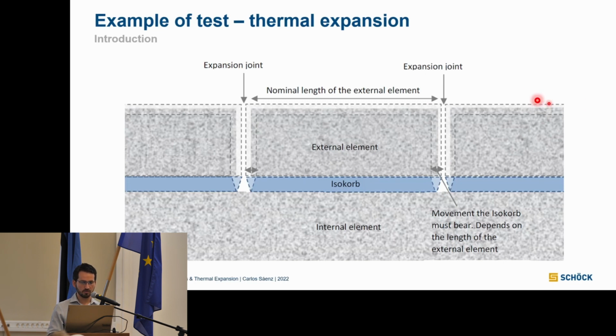I'm going to show you an example of a test we do in our R&D, and for that I will use the topic of thermal expansion. So let's start with a short explanation of what thermal expansion is. You get to see it in your balconies, for example. The balcony is, for obvious reasons, outside, so it will become colder in the winter and warmer in the summer.